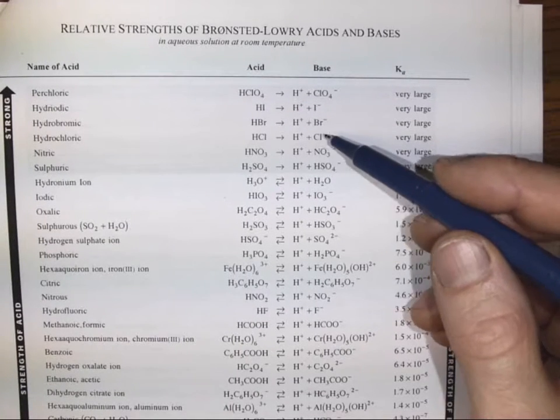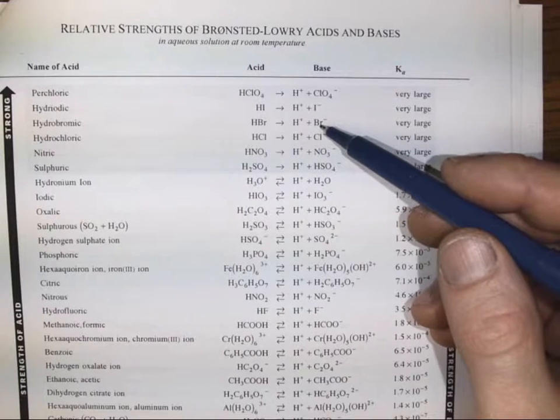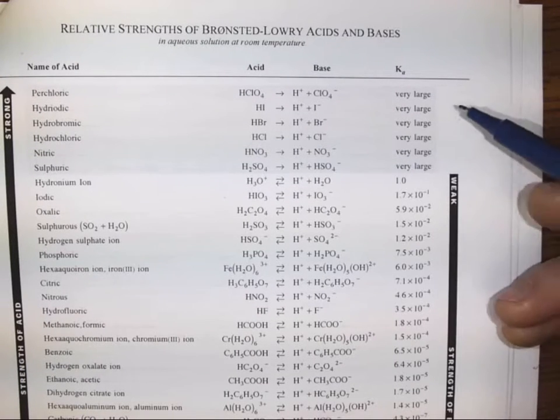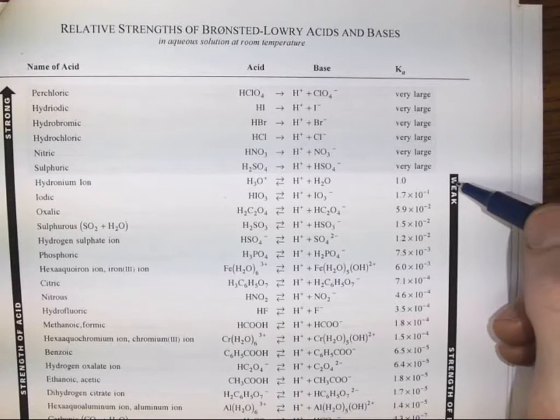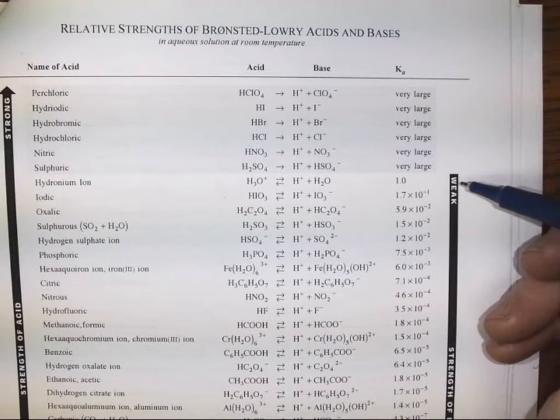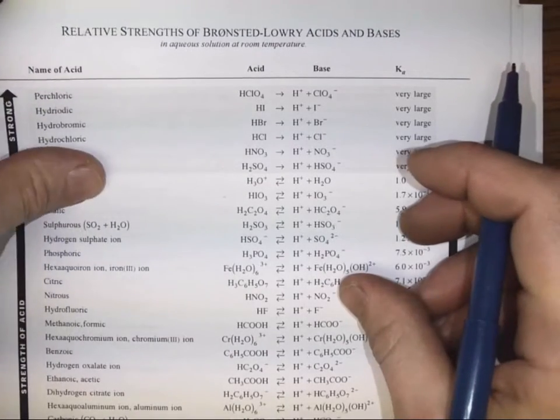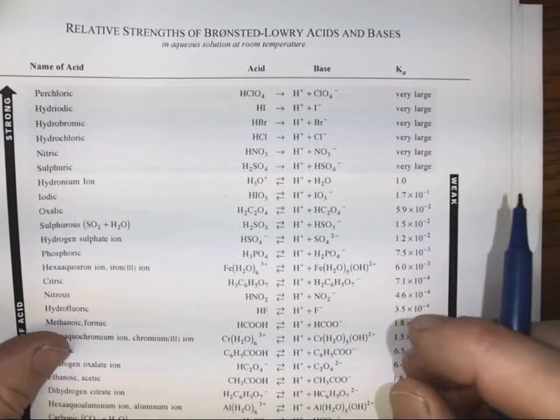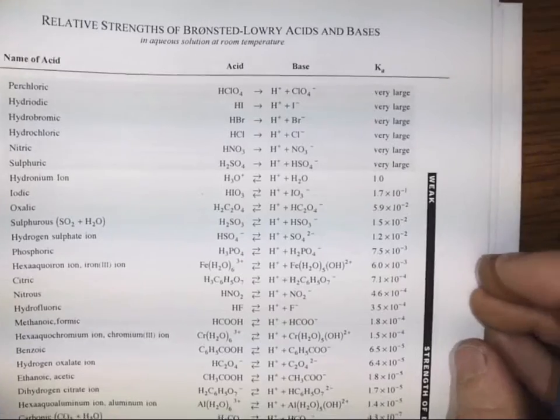They never accept protons to turn back into these, in no notable way at any rate. And so we start with water as our weakest base. As we talked about in 4.1, water can act as a base or an acid.